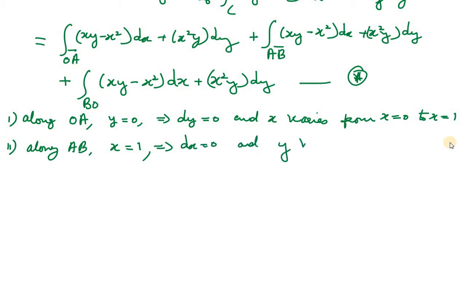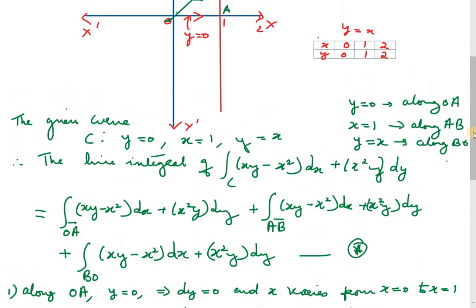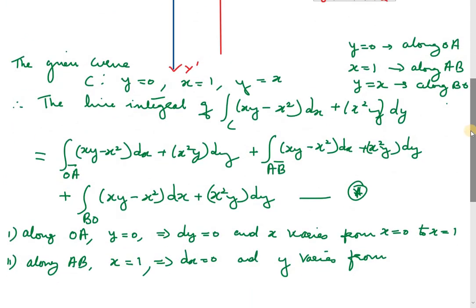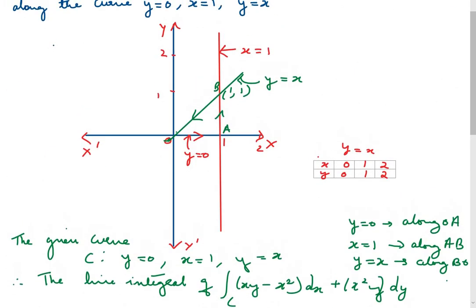And y varies from, we can see from the graph, at this point the coordinate is 1, 0, and at this point 1, 1.